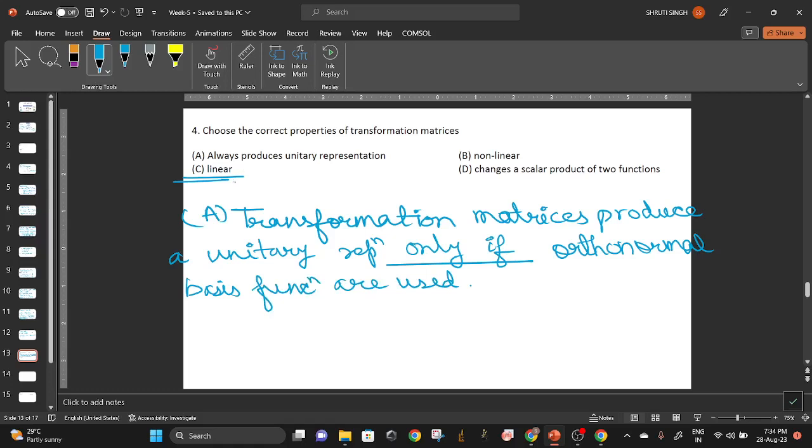So this is not general. It does not always produce. If you use any other basis function, the representation may not be unitary. Now, it is linear. This one is wrong. It is linear.